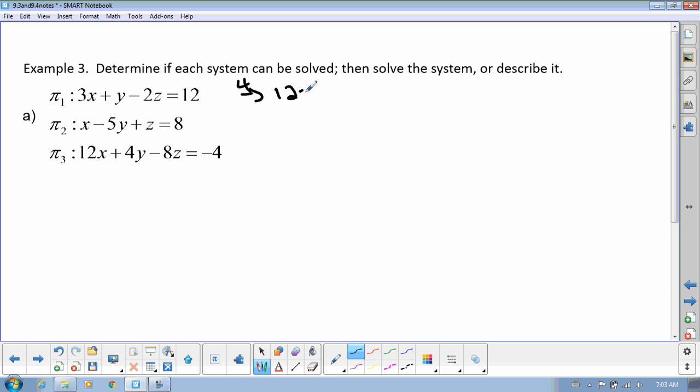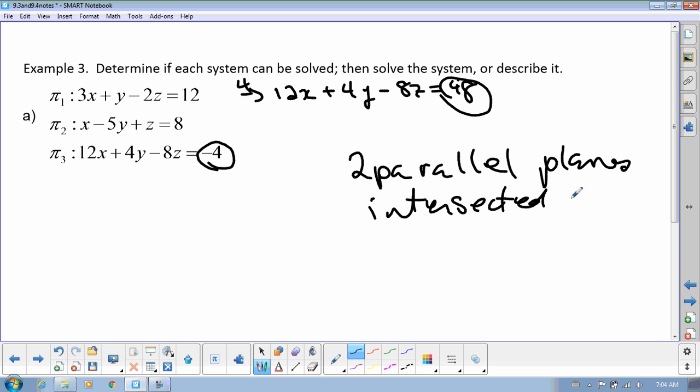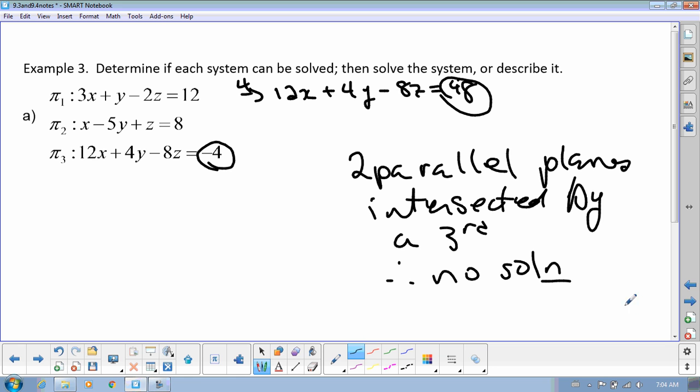So when I do that, I get 12x plus 4y minus 8z equals 48. So the number I'm interested in is this value right here. So this tells me I have two parallel planes intersected by a third. Therefore, there's no solution because all three planes are not in the same location at the same time.